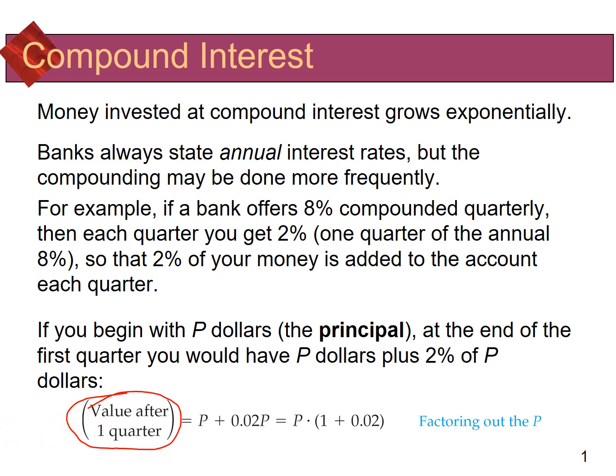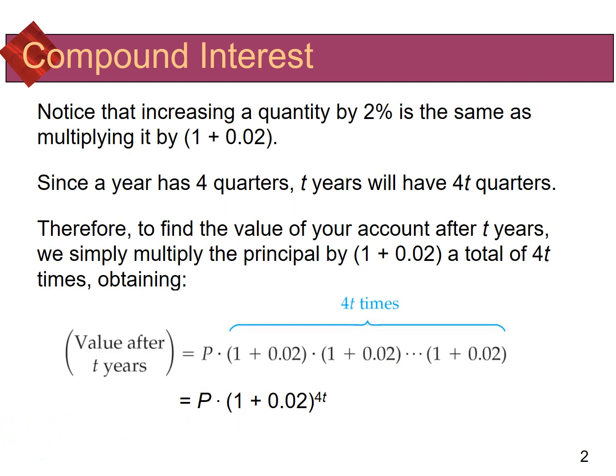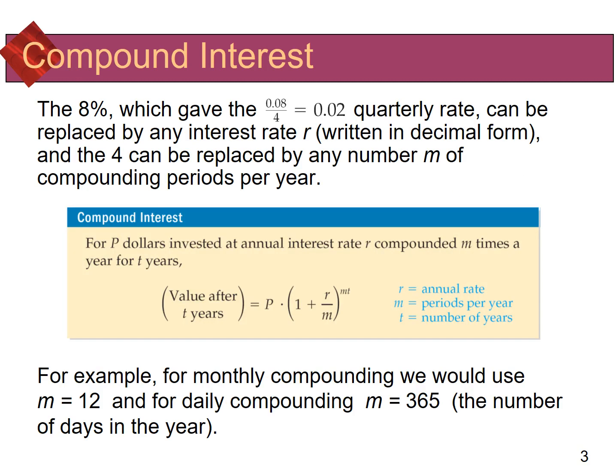They give you a general formula like this, but the formula that we're going to be using here, most textbooks use different letters for what they're representing as M here. I've seen it written as A, which is your final amount after a period of time, equals P times 1 plus R. Now here they're saying that M is the number of periods per year.